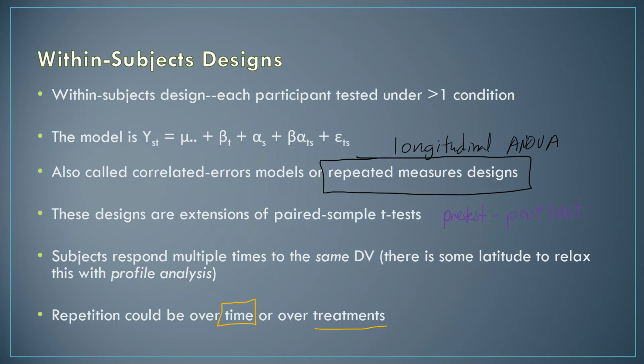So then session 1 dependent variable value could be compared to session 3 dependent variable value to see if there's mean differences across all these different treatment levels.